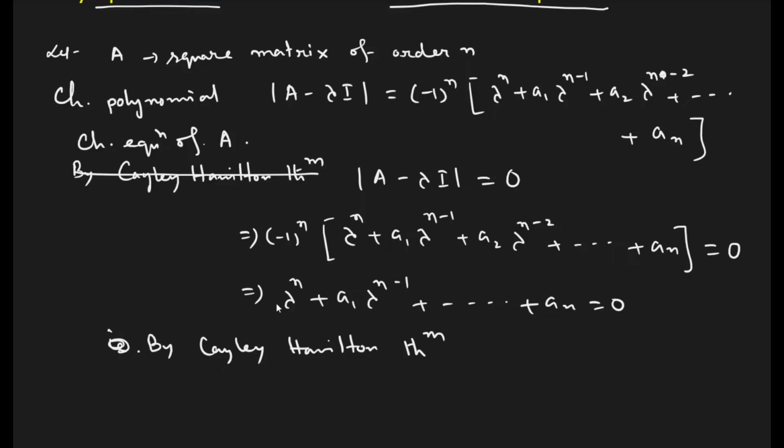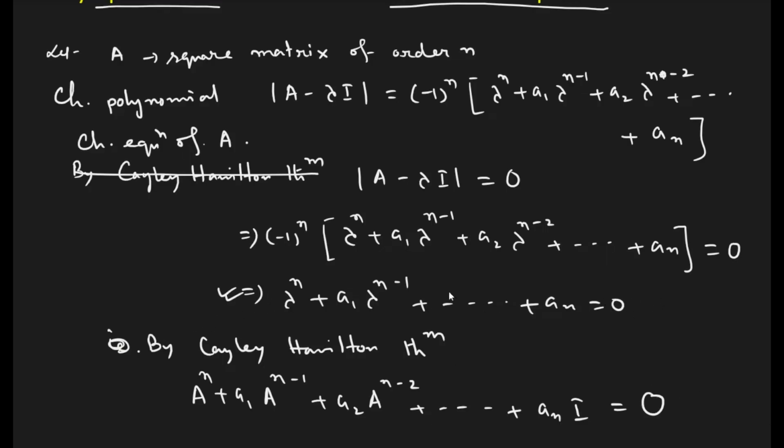Now this is the characteristics equation, and this will be satisfied by capital A according to Cayley Hamilton theorem. We'll do some examples where we'll check. So it will be A to the power n, a1 A to the power n minus 1, then A to the power n minus 2. So like this, the last term will be an, and with this we have to write identity matrix, because this is a scalar quantity and this is a matrix equation. So we have to write I equals to null matrix. So whatever characteristics equation you will get, that will be satisfied by capital A. So this is the theorem.